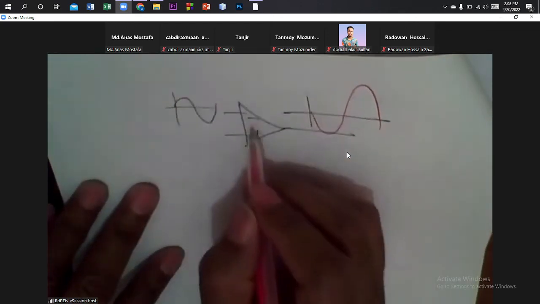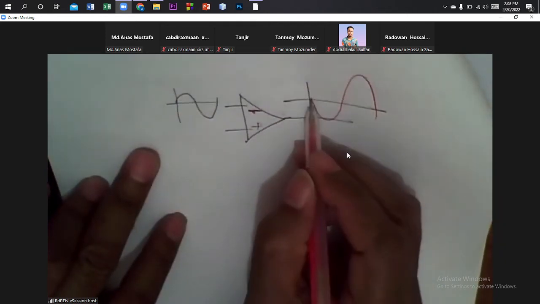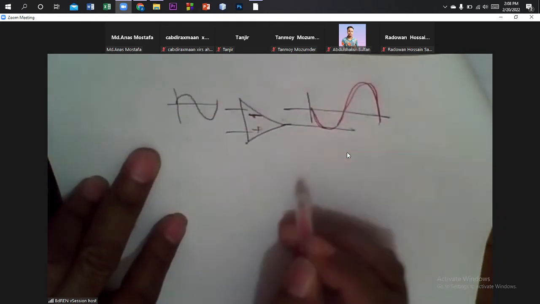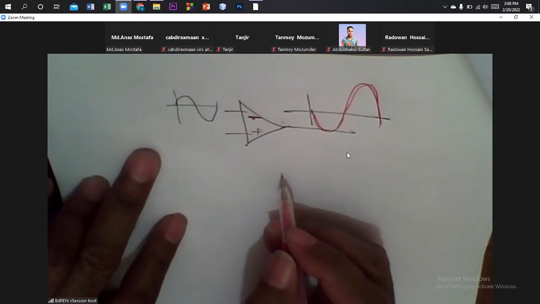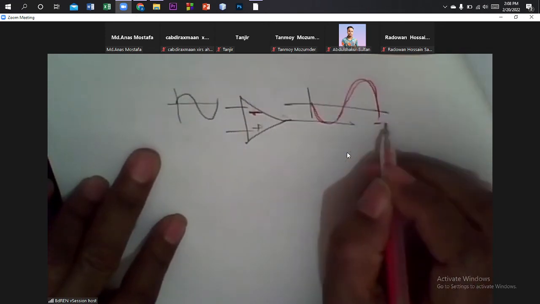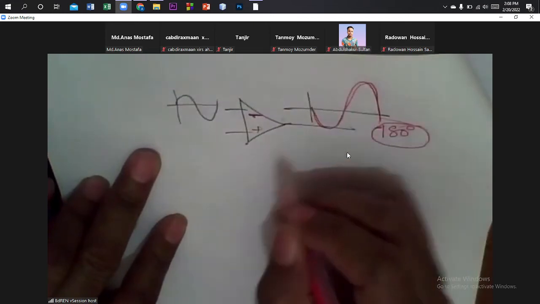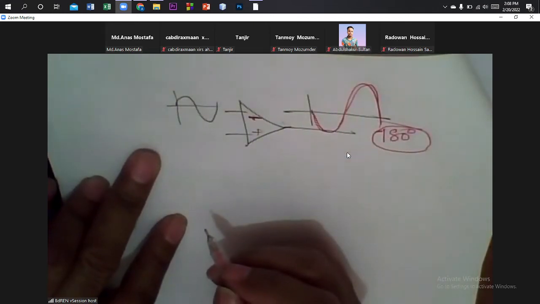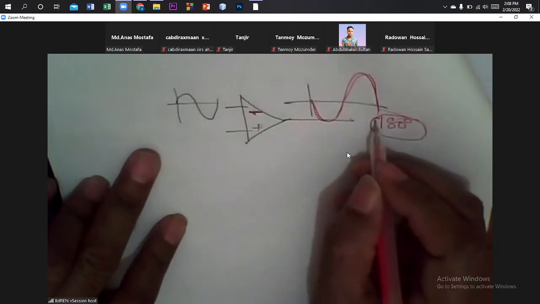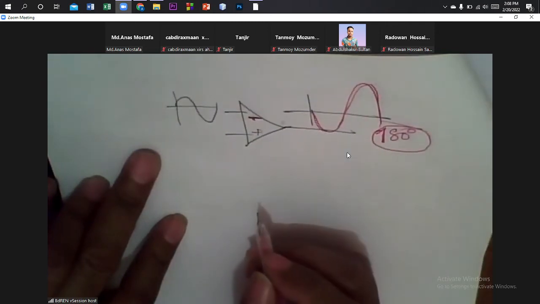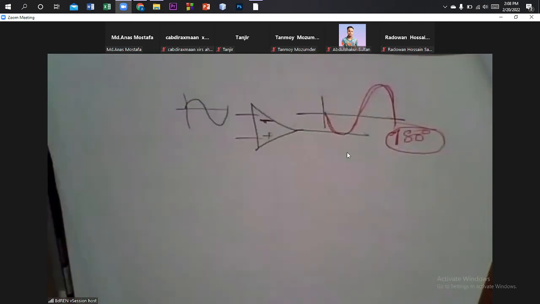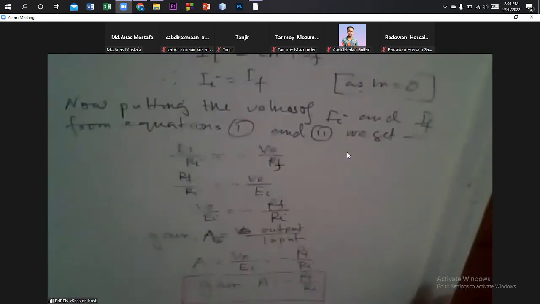Minus means opposite. We have discussed this earlier. So what is the phase shift? 180 degrees. That's why minus. This minus is because of the 180 degree phase shift. Clear?